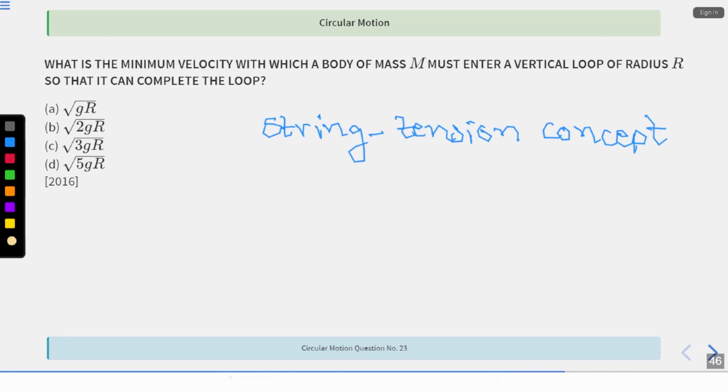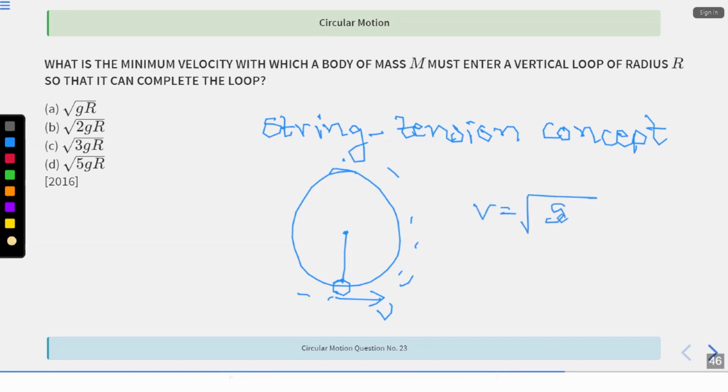So what it says is there is a minimum velocity, through which if you give it a push, it will complete its loop and then come back to this position. So we know that v is equal to root 5gr is the minimum velocity which the body must possess at the bottom of the circle so as to go around the complete circle, right?